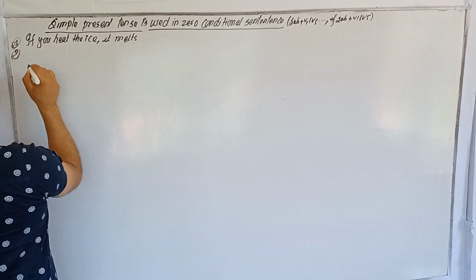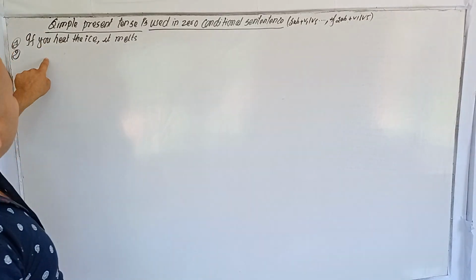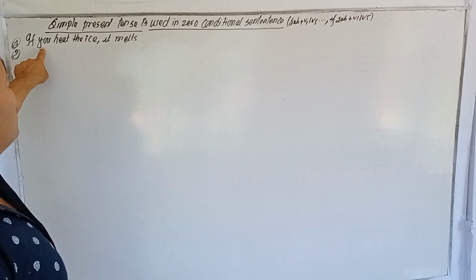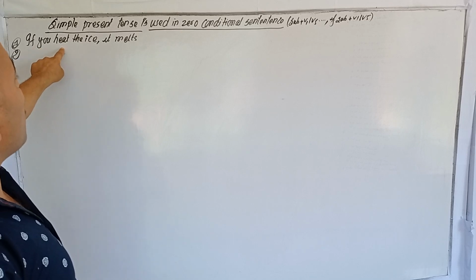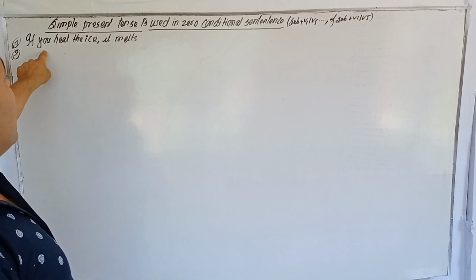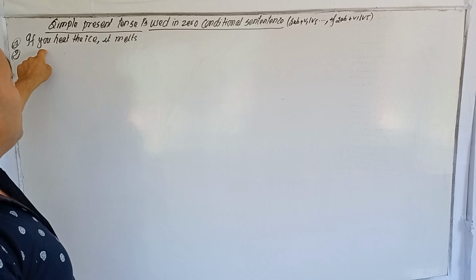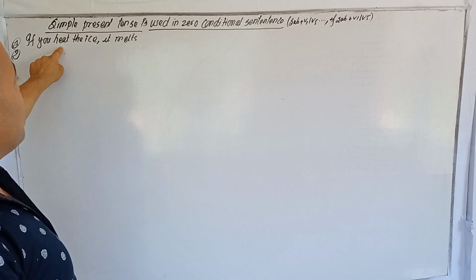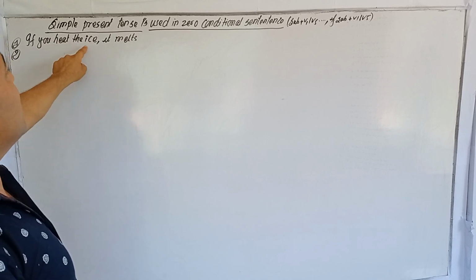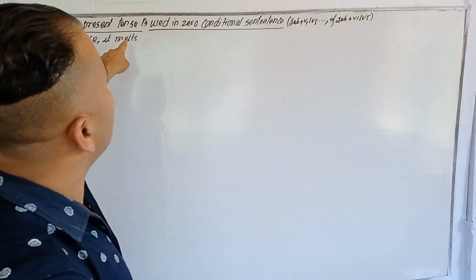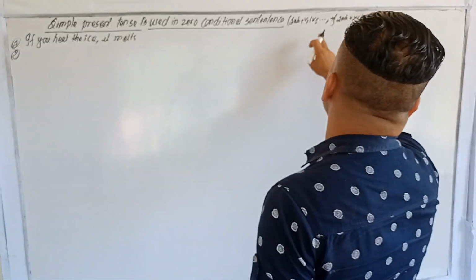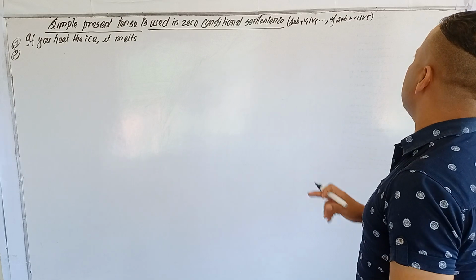Understand? Number two, if you heat, if plus subject plus heat is V1. Here you is the third person in plural sense. That's why V1: heat the ice, it melts. Then V1. Understand? This is the structure.